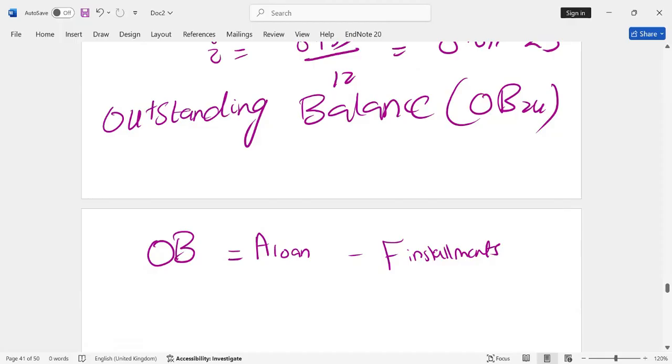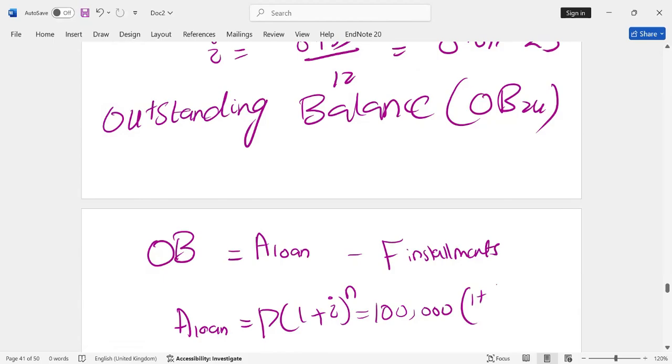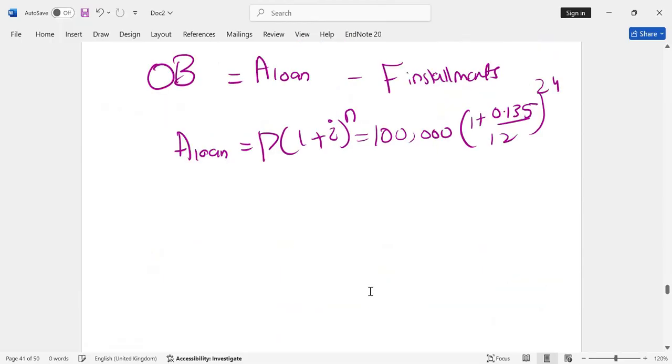Okay, so we have A loan equals P into (1 plus iota) to the power of n, that is equal to 100,000 times (1 plus 0.135 divided by 12) to the power of 24, and this is equal to 130,836.70.